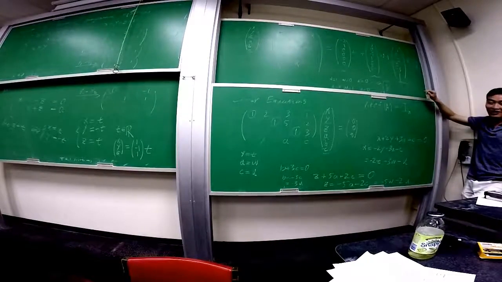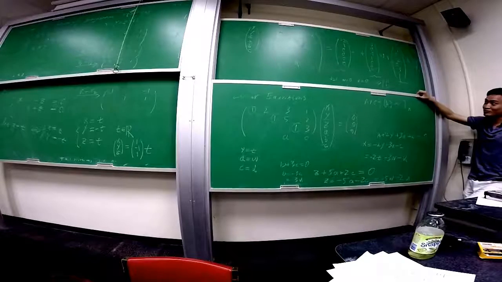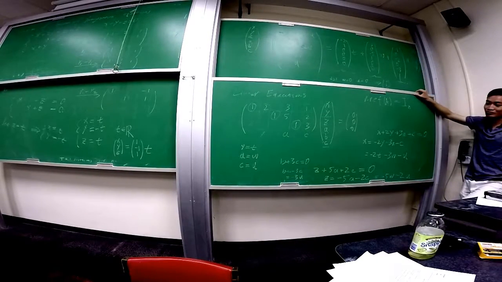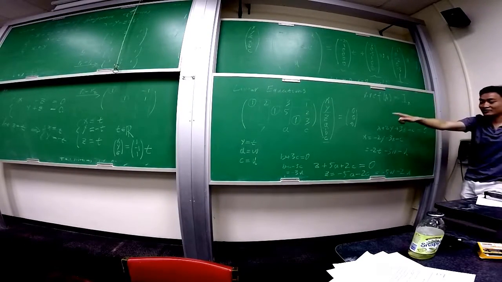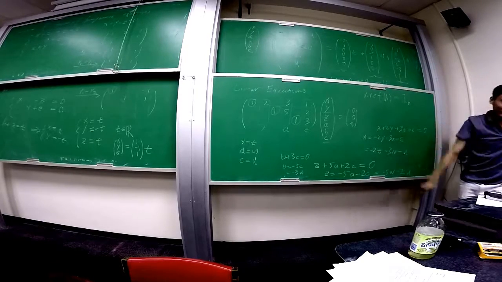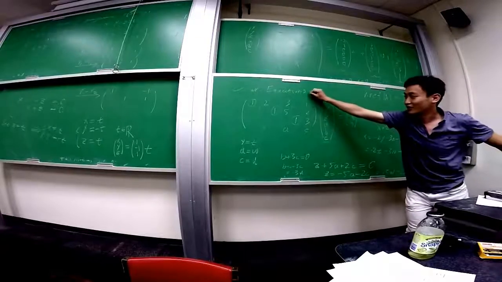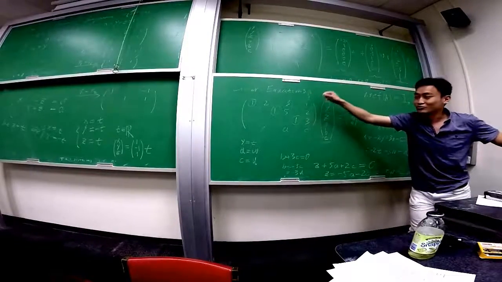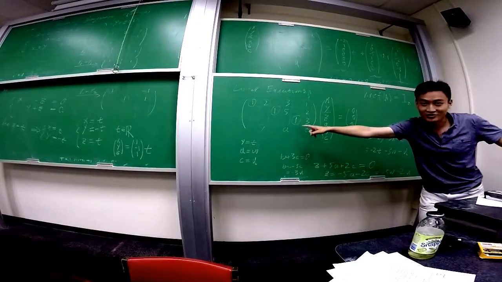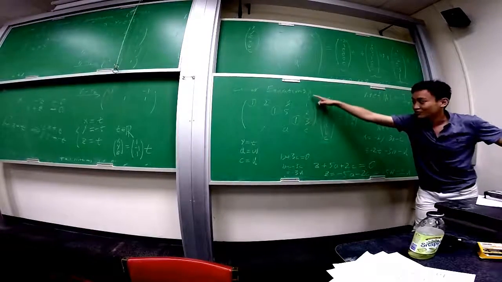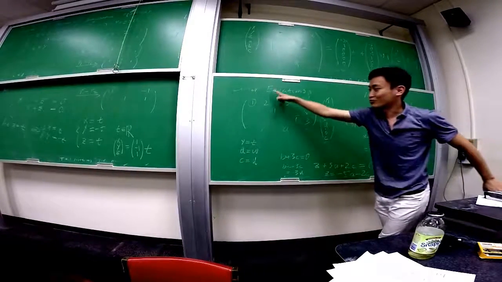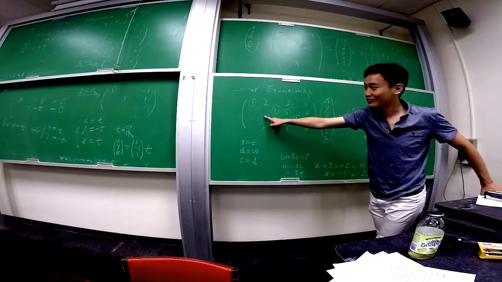So the only way for a solution to be unique is to let the reduced row echelon form of the coefficient matrix, I call this A, be such that it does not have columns which do not contain a leading one.